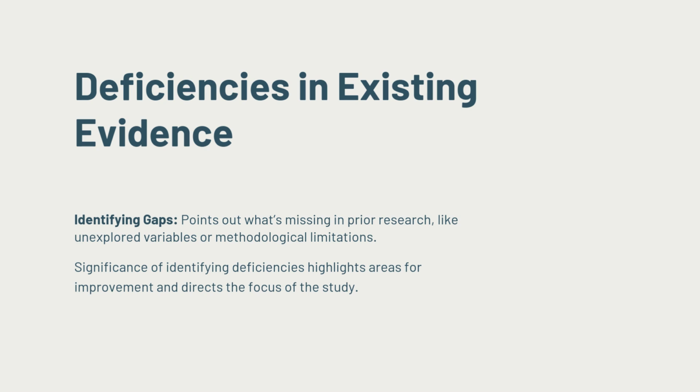In summary, this step is about showing readers what's missing and how your study addresses that. A strong explanation of deficiencies gives your introduction depth and it justifies the time and effort that will go into your research, making it clear that your findings will add valuable new information to the field.